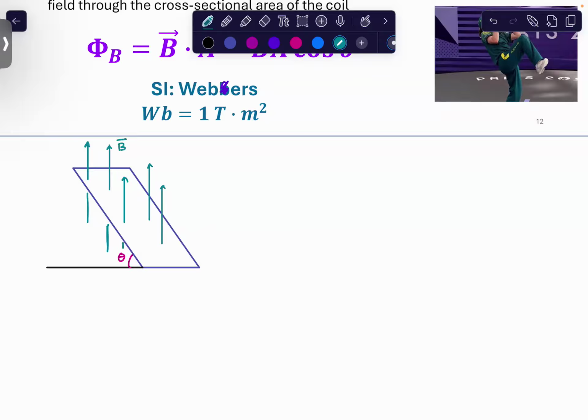And that's some area A. It's your magnetic field.